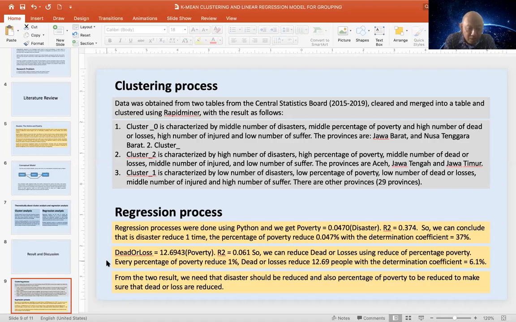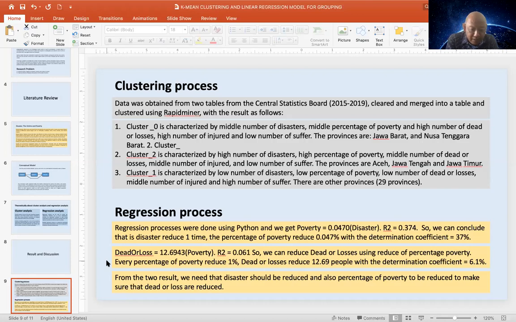Death or loss equals 12.6943 times poverty. R squared is 0.061. So we can reduce death or loss by reducing the percentage of poverty.